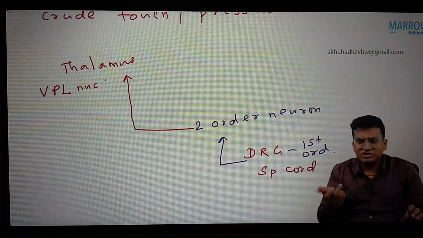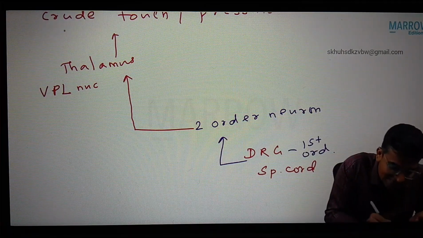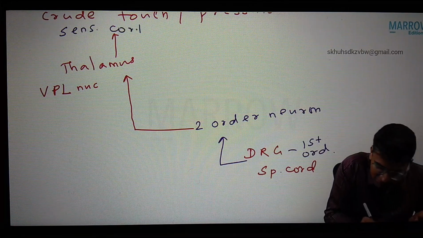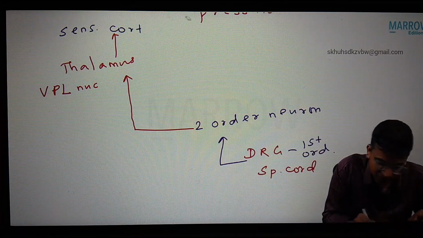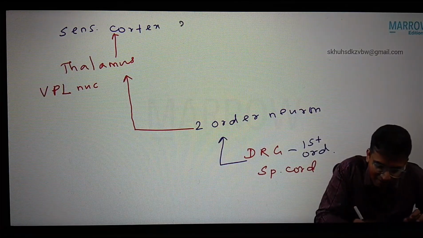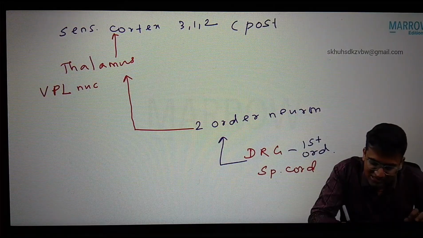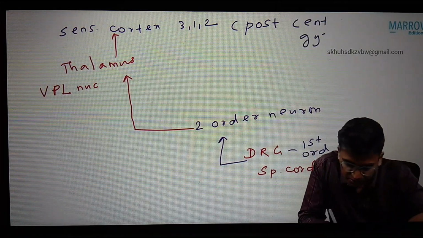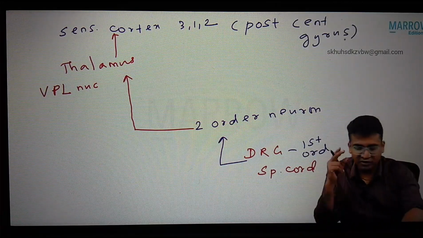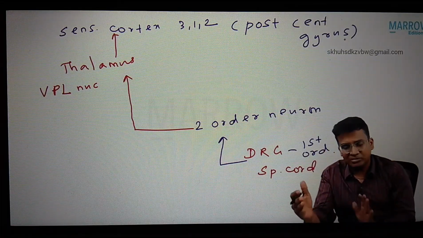From there, the fibers are given to the sensory cortex, areas 3, 1, 2, that is our post-central gyrus. This is the basic outline of the spinothalamic tract and the dorsal column tract.